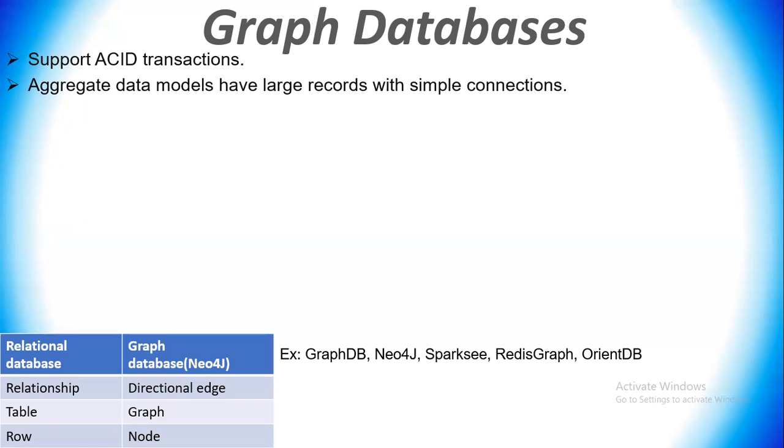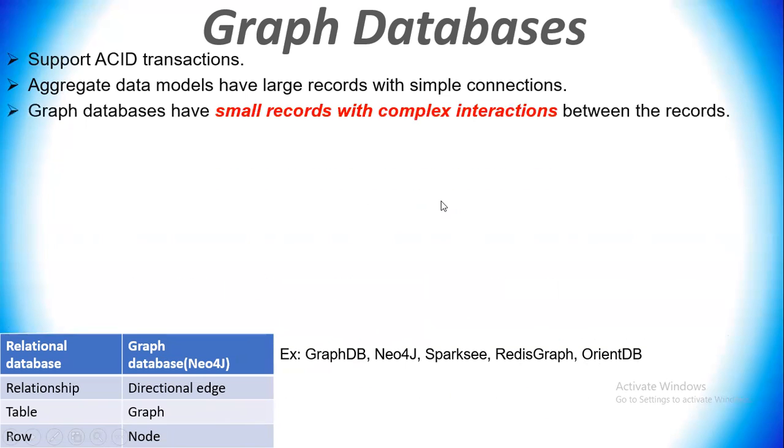Graph databases have very small records but many connections, that is, small records with complex interactions. But in aggregation, there are large records with almost no connection, even between rows of the same bucket, right? So those are the extremes.